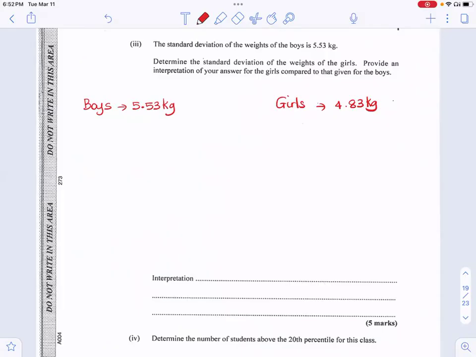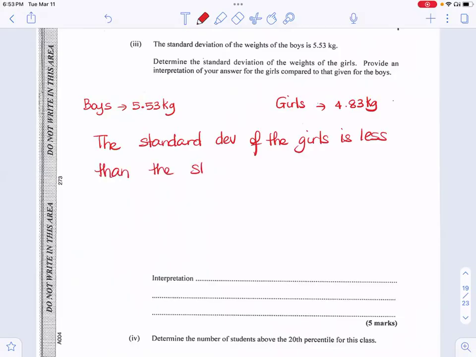All right. What is the first thing that you could see about the standard deviation of the boys and the girls? What is the first thing that you could see with the figures? Anybody? The boys are heavier. So the standard deviation of the girls is less than the standard deviation of the boys.